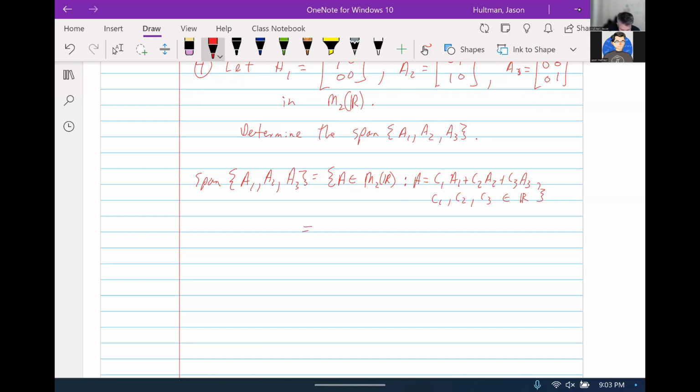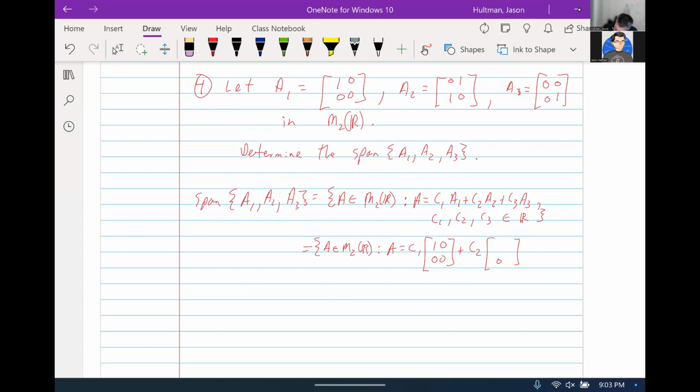So this is going to be equal to A, which is an element of M2R, such that A is equal to C1 times 1000 plus C2 times 0110, plus C3 times 0001.